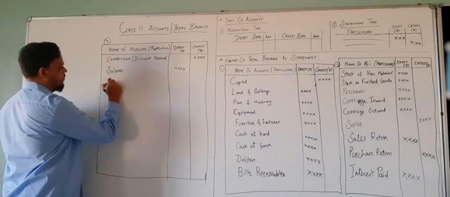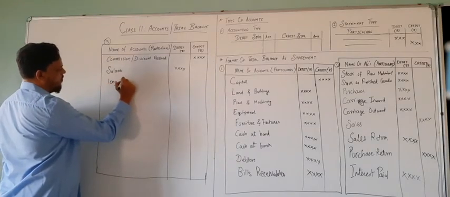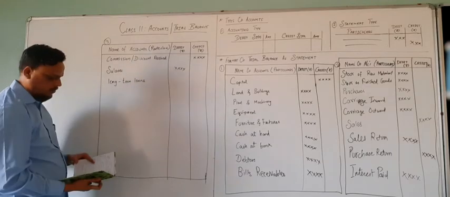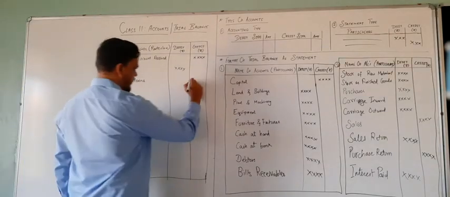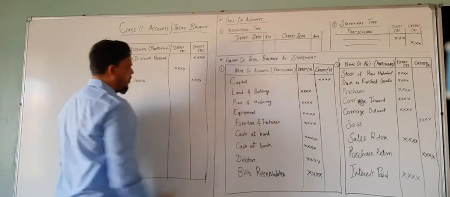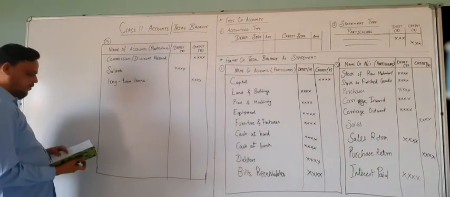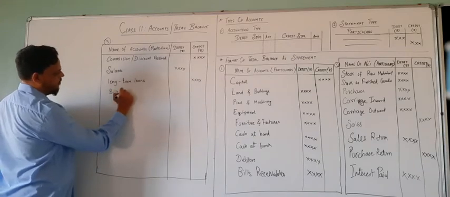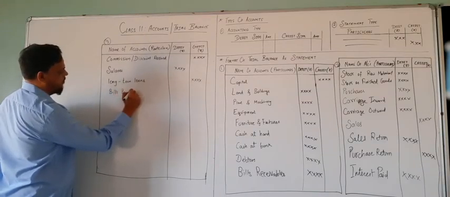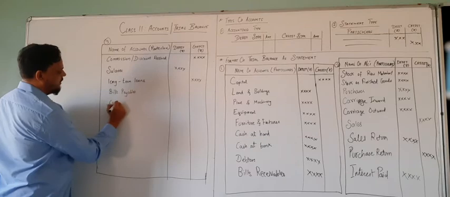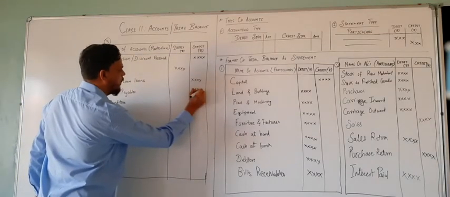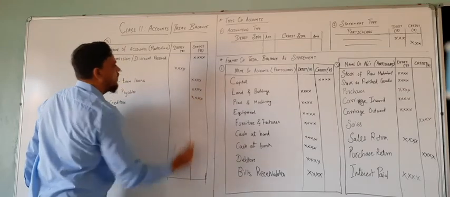Long-term loans. Long-term loans will be on the credit side because you have received that loan. Then bills payable, creditors, the amount will be ultimately on the credit side.